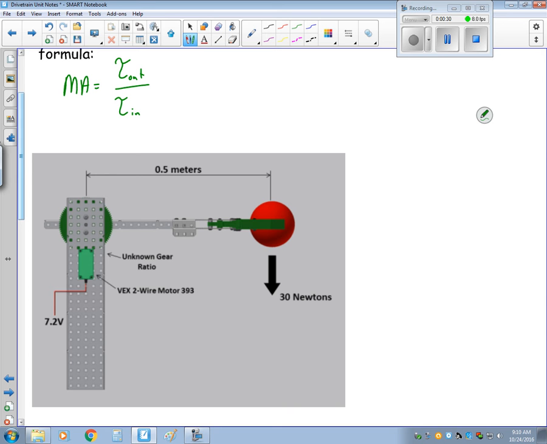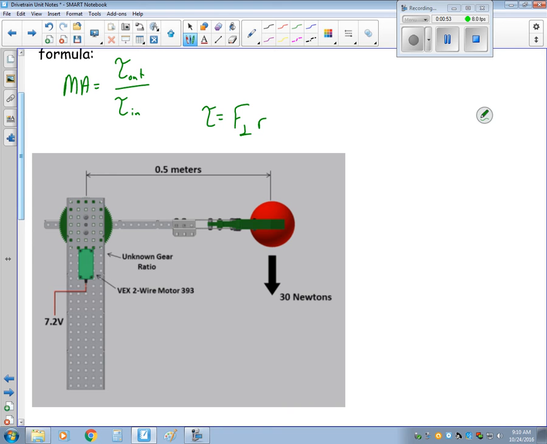We have a standard robotic arm, has a length of 0.5 meters, has a 30 Newton mass on the end, and we have a generic 393 motor at 7.2 volts. So torque is defined as a force which is perpendicular to a lever arm.